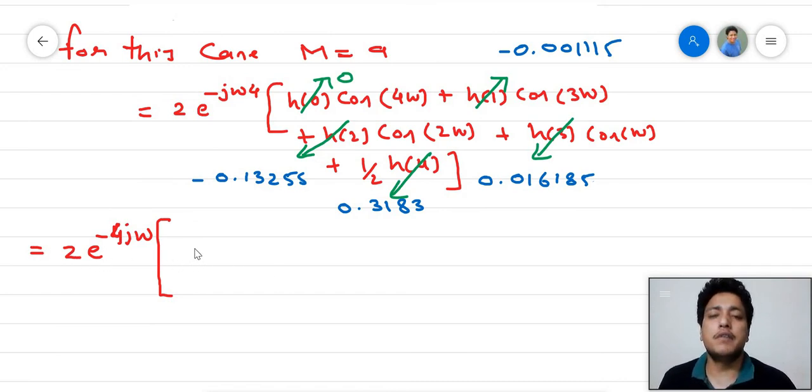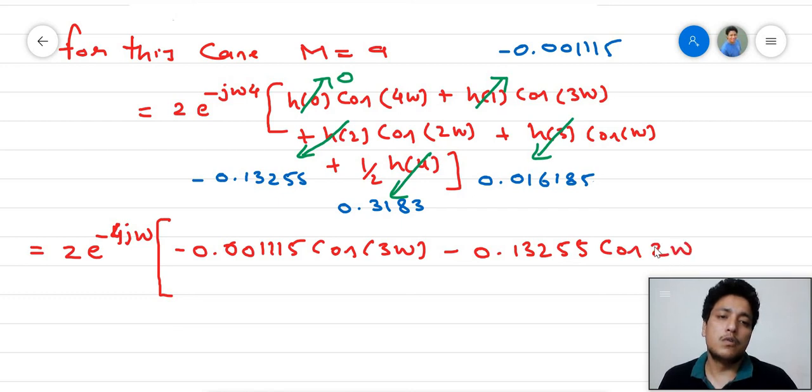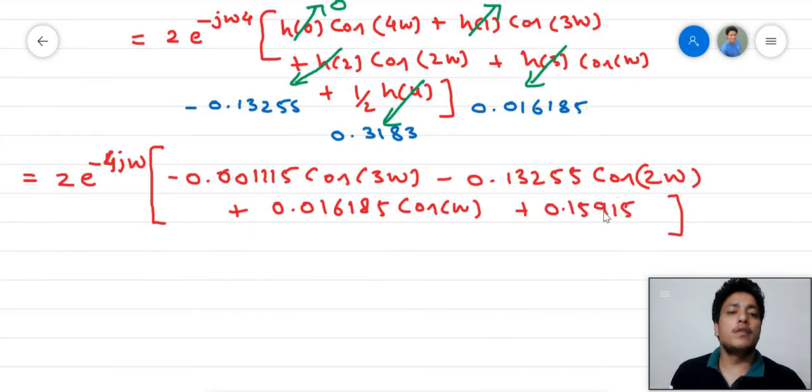Then writing this equation will give minus 0.00115 cos 3 omega minus 0.13255 cos 2 omega plus 0.016185 cos omega and plus 0.15915, dividing 0.3183 by 2 will give this.